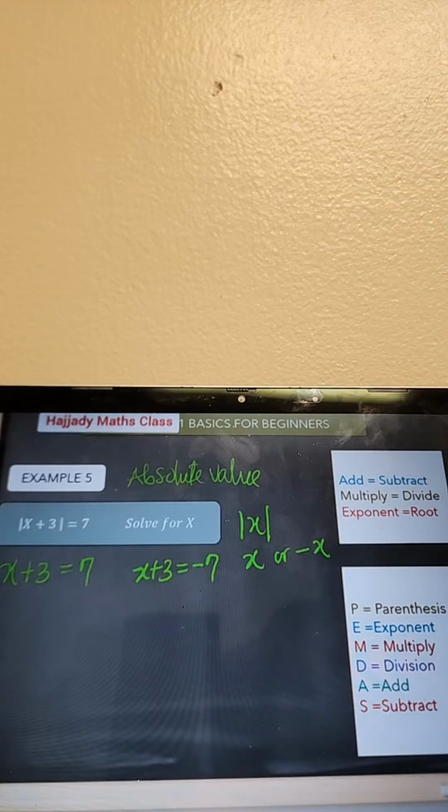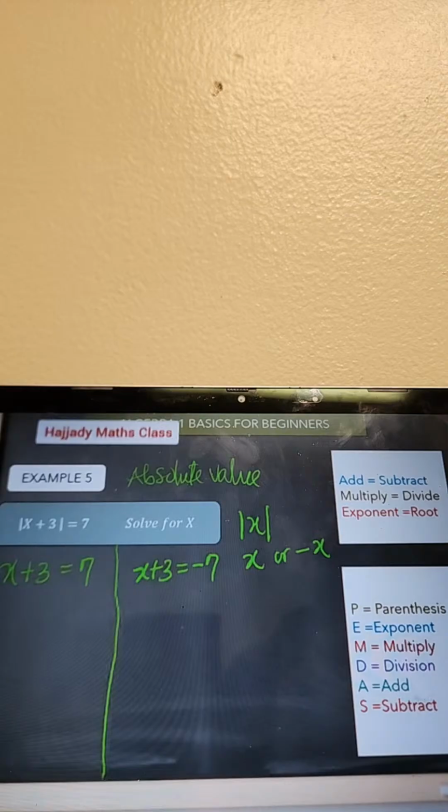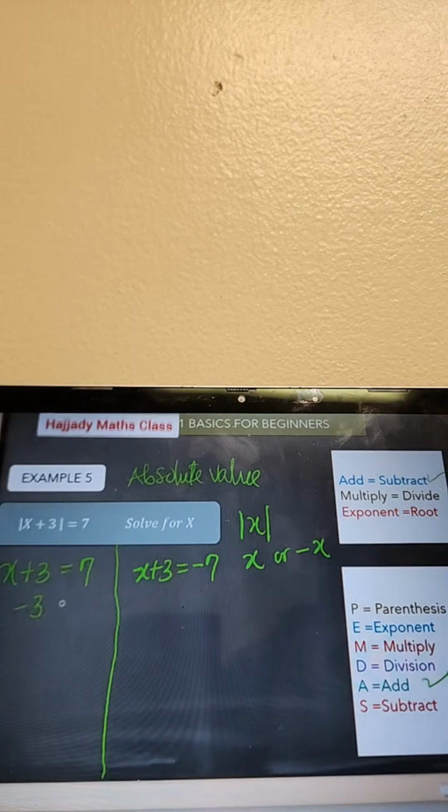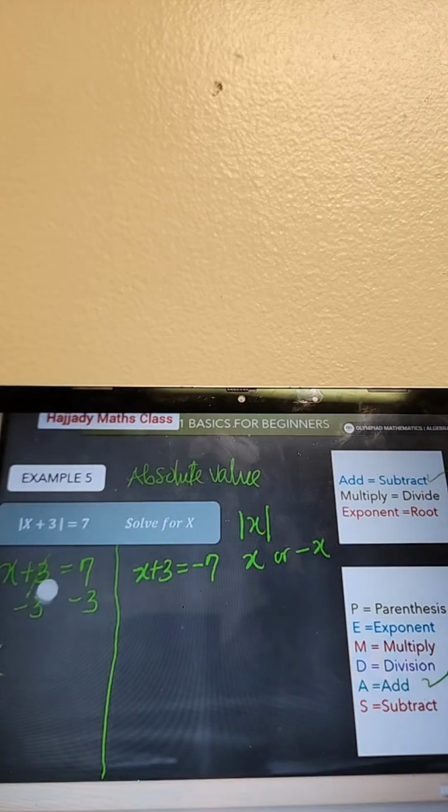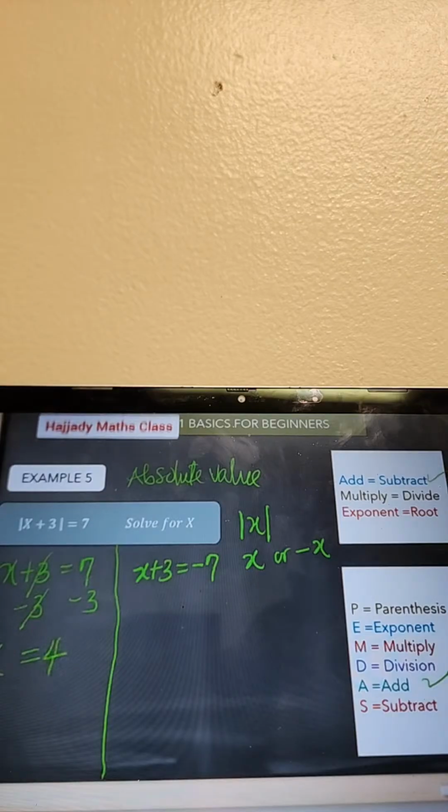Now, to do this, I'm going to divide this into 2 using the same approach. Using PEMDAS, on the left side, here we have the addition. And if you have addition, the inverse is subtraction. That is, subtract 3 from both sides. Here we have x. 3 minus 3 cancel out. 7 minus 3 gives 4.